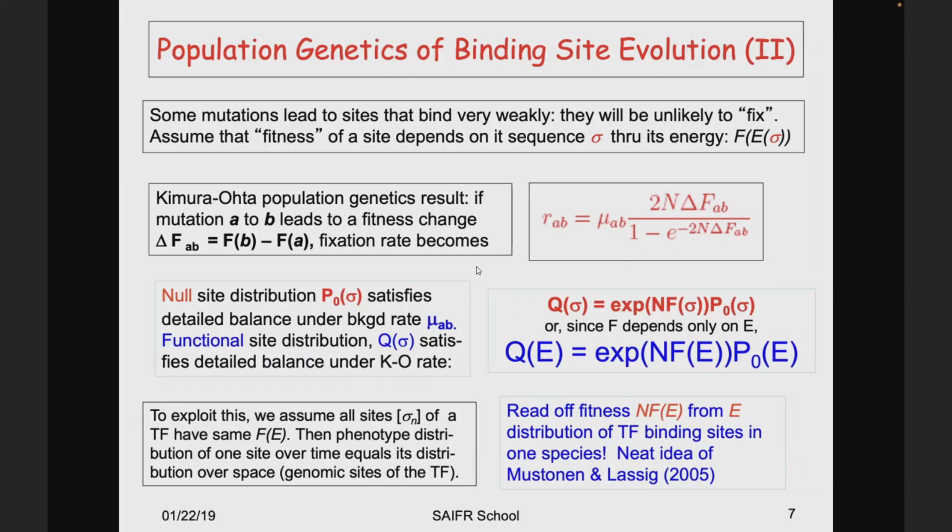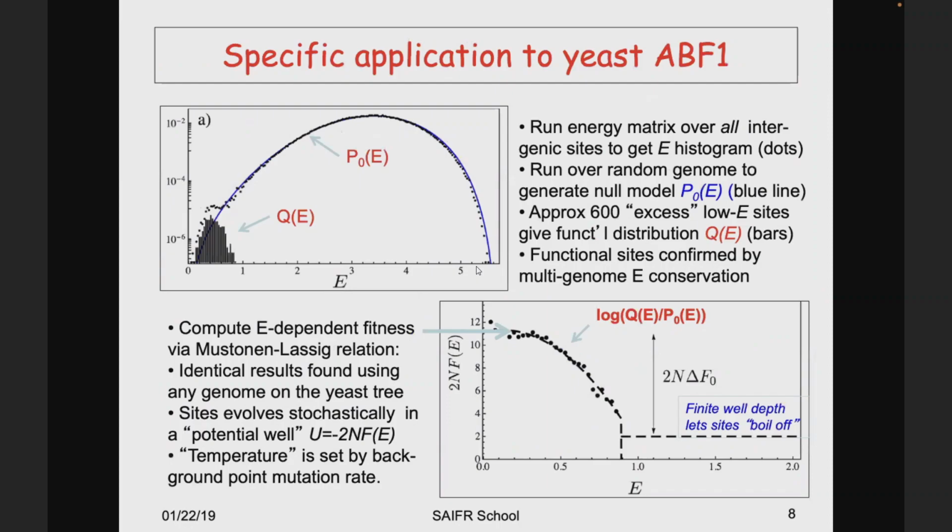If you think about it long enough, you can readily learn that this enhancement factor is essentially the fitness function itself. The log of the enhancement factor is the fitness function itself. It takes some thought to convince yourself that that's the case, but let's buy that for the moment.